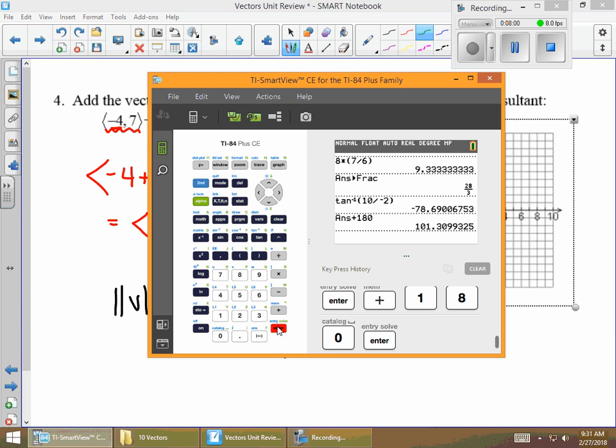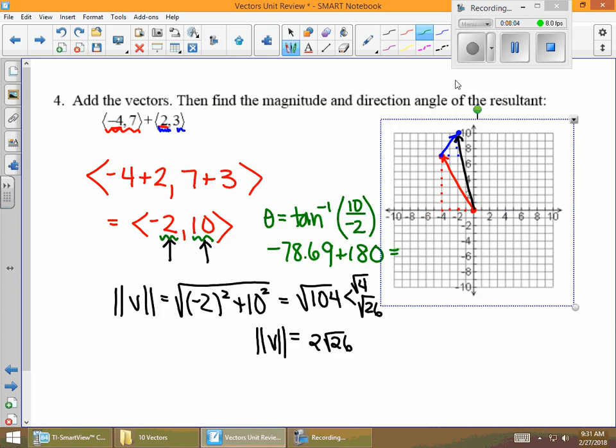So 101.309, or 101.310 if we're going to round. I'm fine going 3 digits, truncated or rounded. So that was 1, 2, 3, and 4.